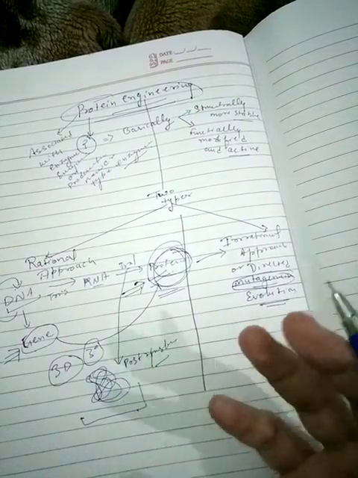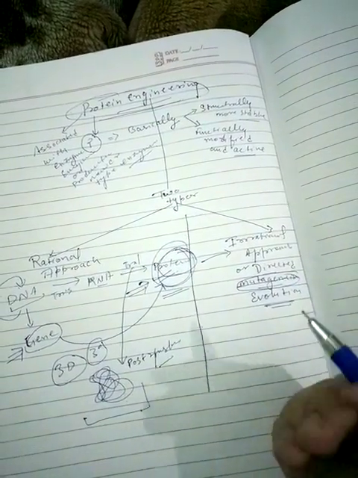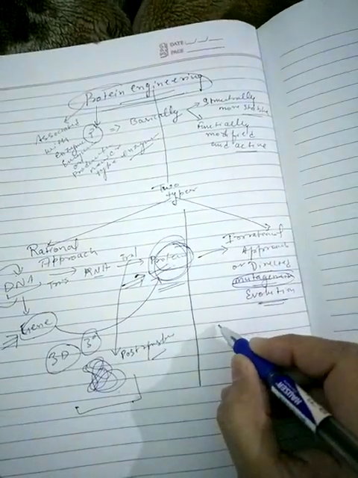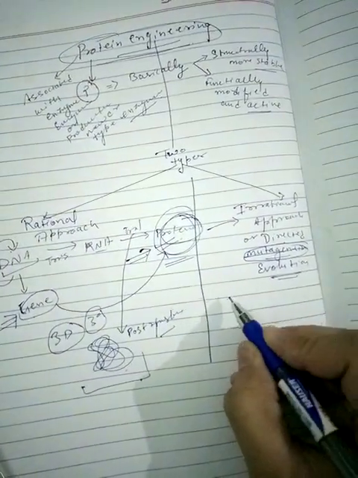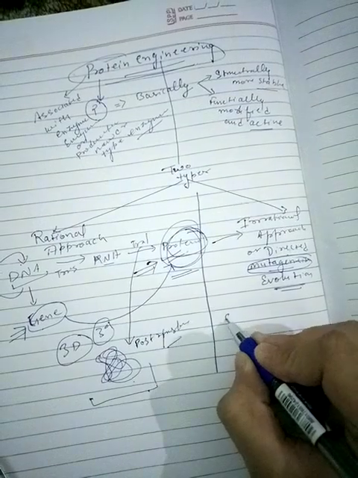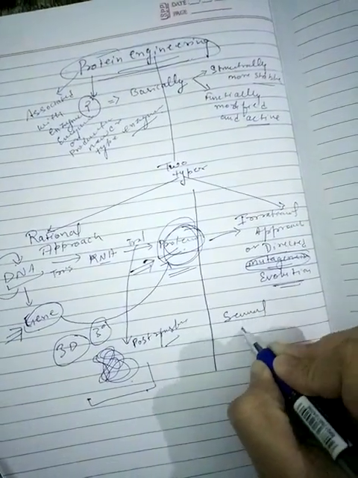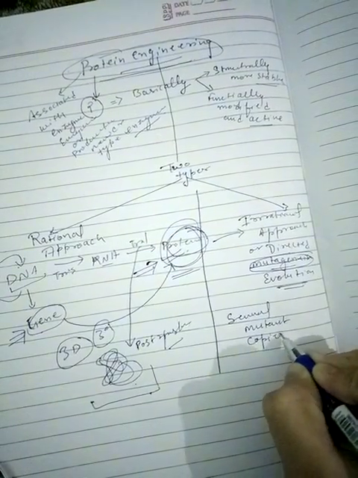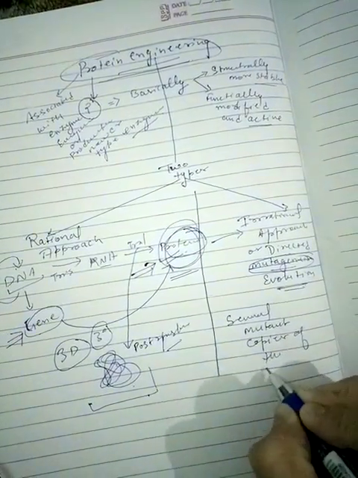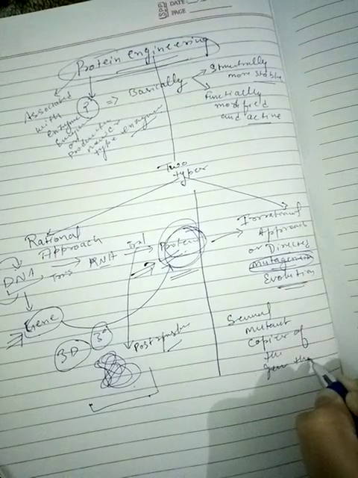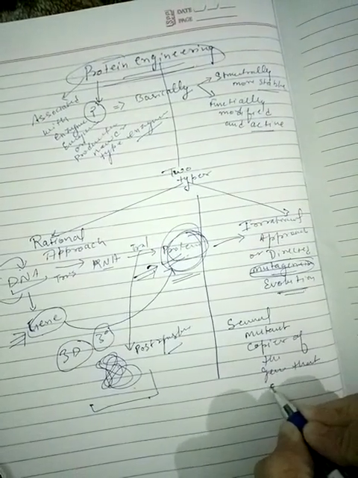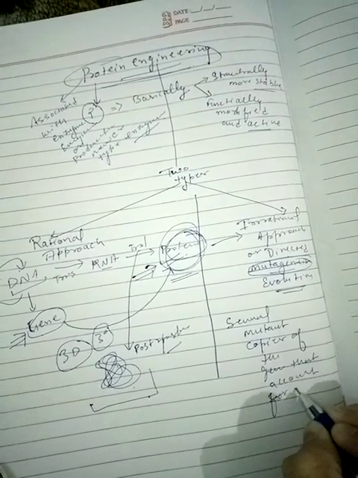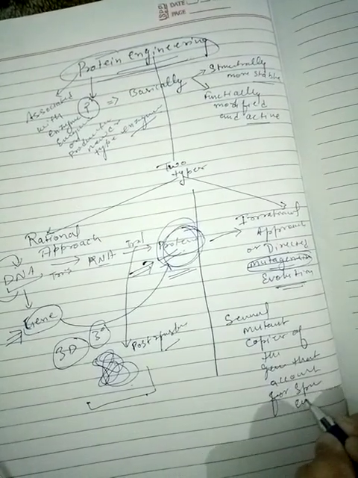Directed evolution is a completely different approach in which we form several mutant copies of the gene that accounts for a specific enzyme.